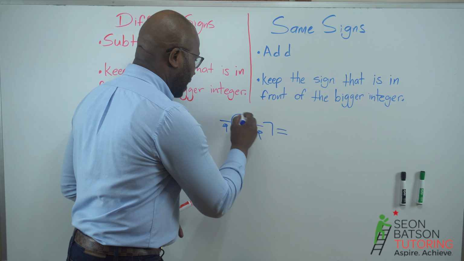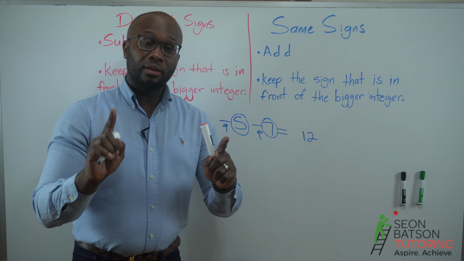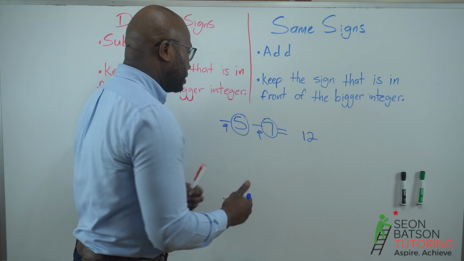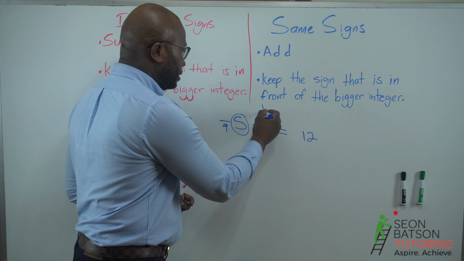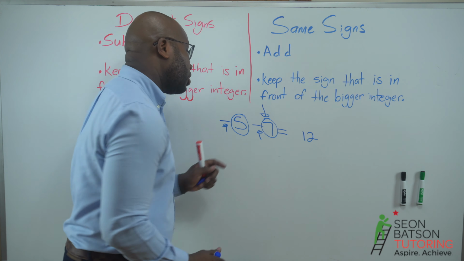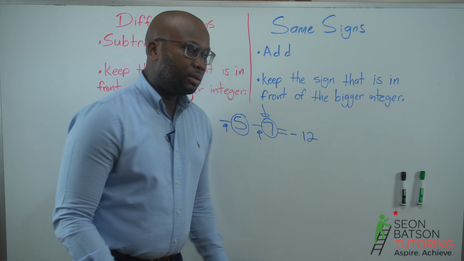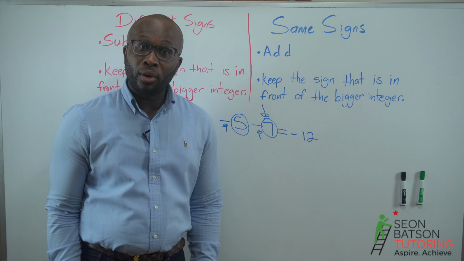If we were to add 5 and 7, we would get 12. And don't forget, when we're done adding, we must keep the sign that's in front of the bigger integer. The bigger integer here is 7. 7 is bigger than 5. So we will keep the negative sign that's in front of the 7. -12. It's very simple, no?